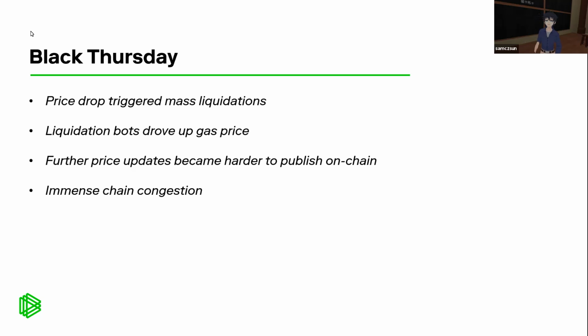This increase in gas price meant that it was harder for these price oracles to push updates on chain, like Maker's Oracle we talked about earlier. And this sort of snowballed on and on until there was just crazy chain congestion everywhere between all the bots trying to bid on liquidation auctions, all the bots trying to push price updates, and users just trying to make sure their position was safe.